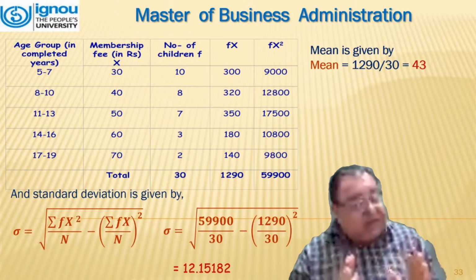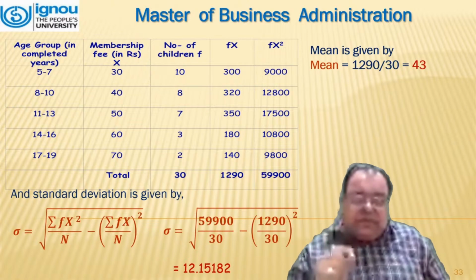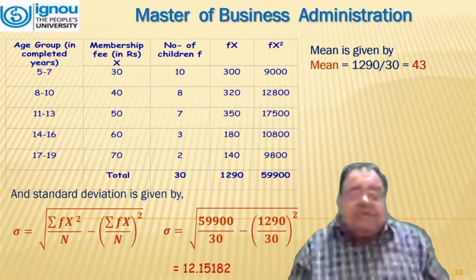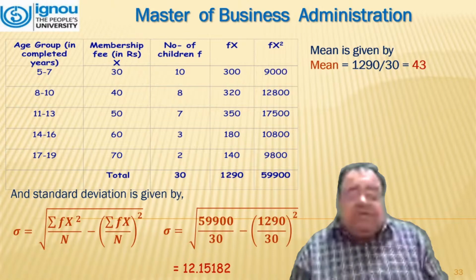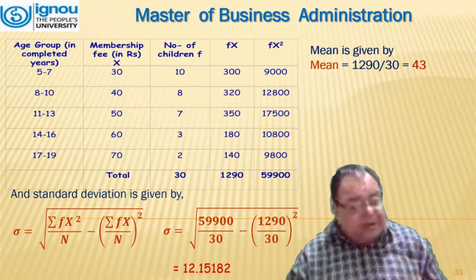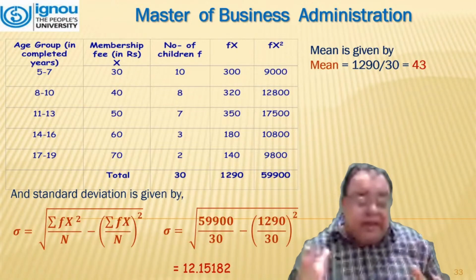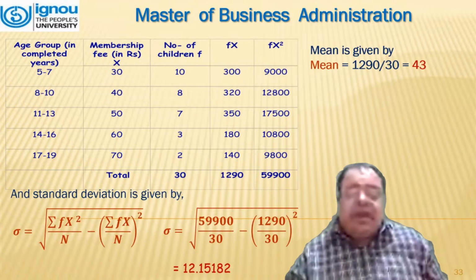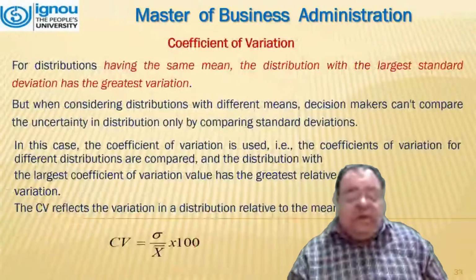Now see the difference. In the first value, we have to find summation fx square, which is 59,900. It has to be divided by 30, minus a bracket. Now we need summation fx, that is 1290 divided by 30, and then its square. See the difference between the two. After evaluating, we get 12.15.